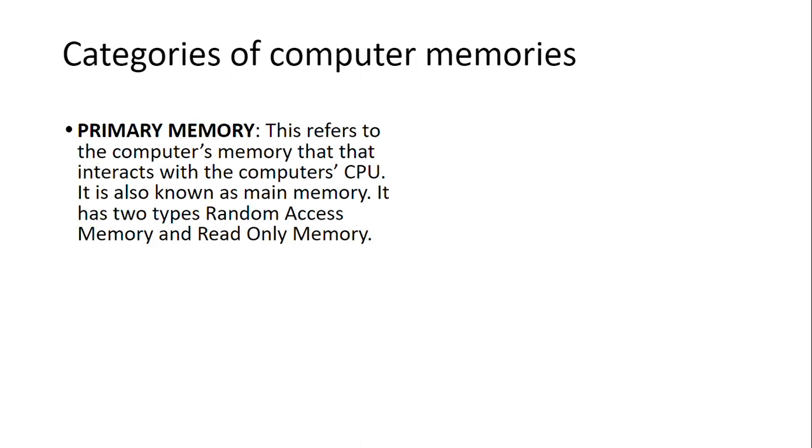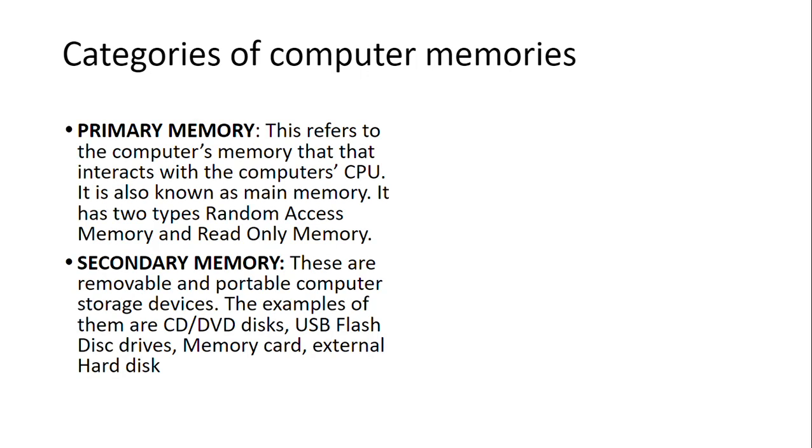We have categories of memory, and the memories are primary and secondary. Primary memory refers to the computer memory that interacts directly with the CPU. We have random access memory and ROM, and we have secondary storage or secondary memory, which are removable and portable devices.